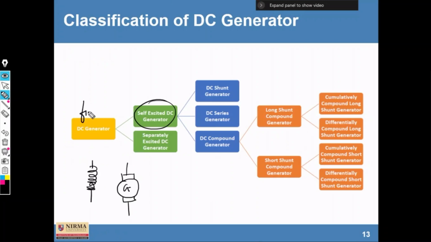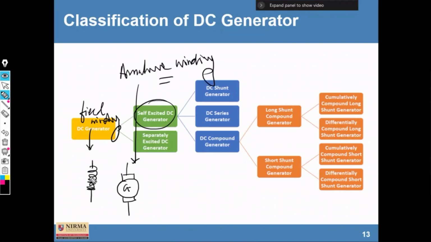So this is the field winding, and this one is the armature winding. Clear? So according to the connections of this field winding and armature winding, various generators are classified.